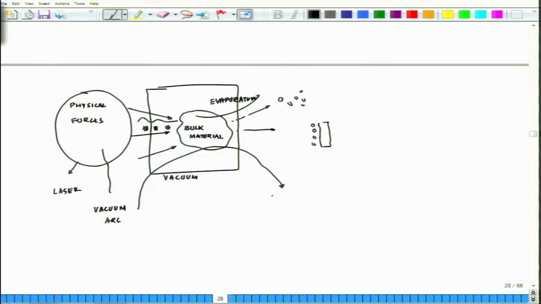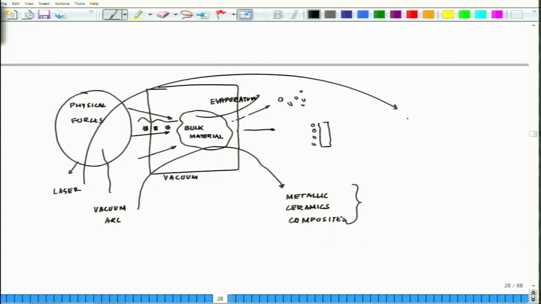Okay. So, vacuum arc is used for metallic, ceramics, composites, whereas laser is used for polymeric and many other materials, of course. So, one of the areas is polymeric materials. Okay.